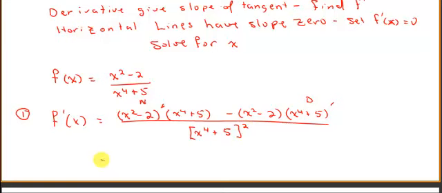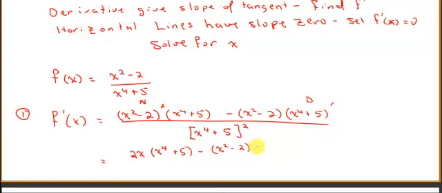So when I take the derivative of x squared minus 2, the derivative of x squared is 2x. The derivative of 2 is 0, so I just get 2x times x to the fourth plus 5, minus x squared minus 2 times the derivative of x to the fourth plus 5.